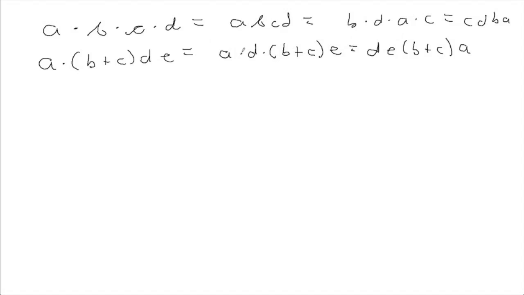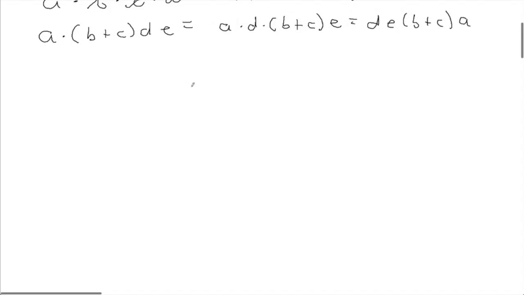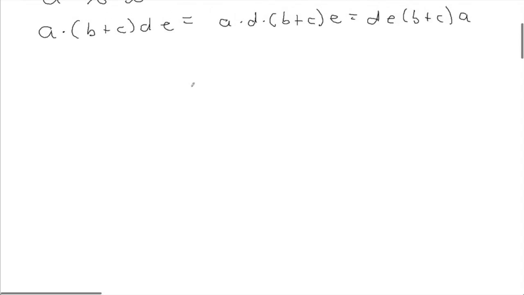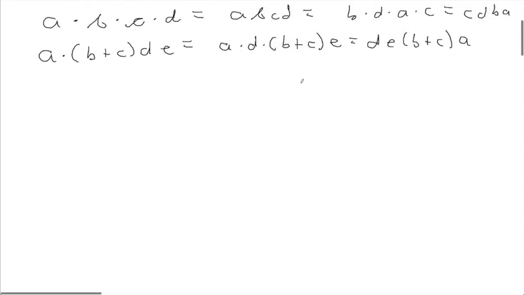You can rearrange the order in which things are being multiplied. Maybe it's convenient to have the B plus C next to the E, or maybe it's convenient to have the D next to the E. So it's just good to keep in mind that multiplication is commutative. The suggestions you were making were correct as well, but what will turn out to be important in this section is the idea that multiplication is commutative.